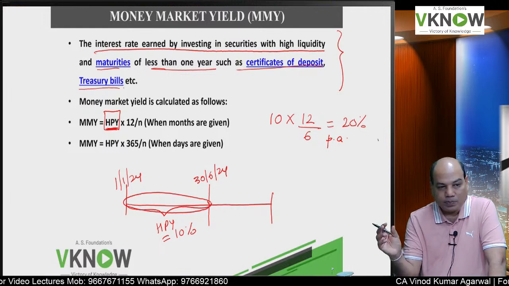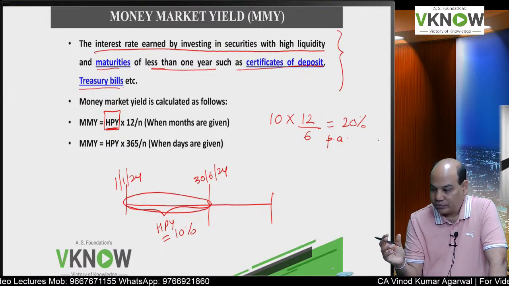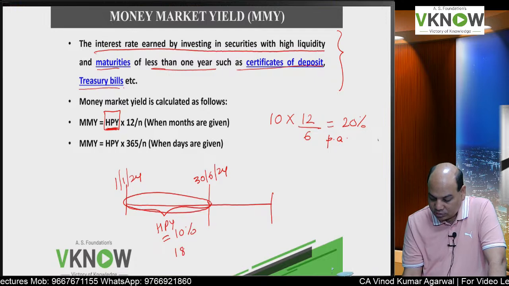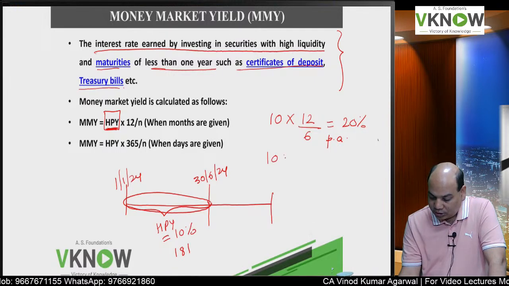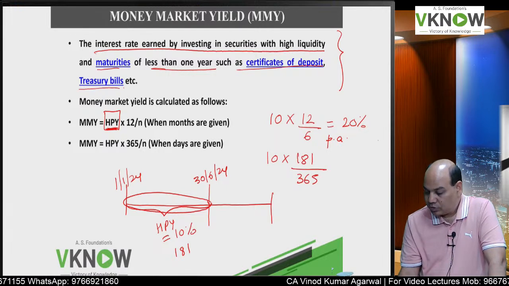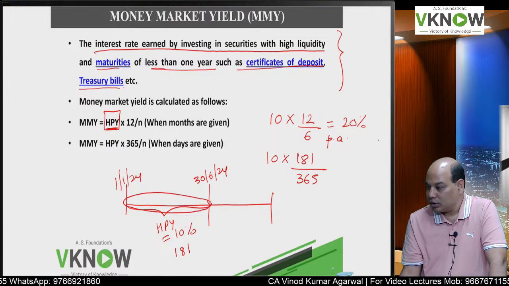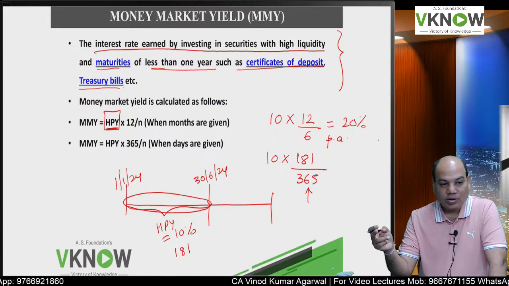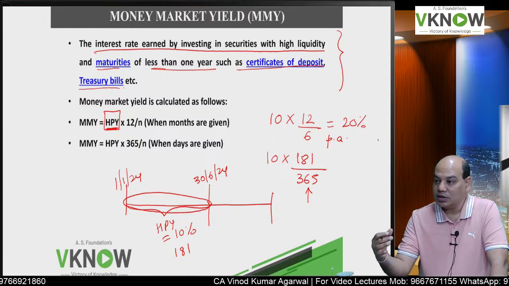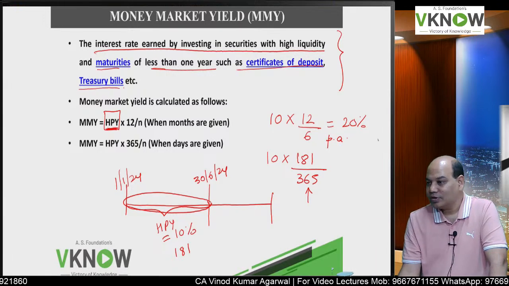And if suppose the problem is given in days, like they say you are holding for 181 days, then you will take 10 into 365 divided by 181. Number of days, if nothing is given, take 365, but if number of days are given as 360, then you will take 360.